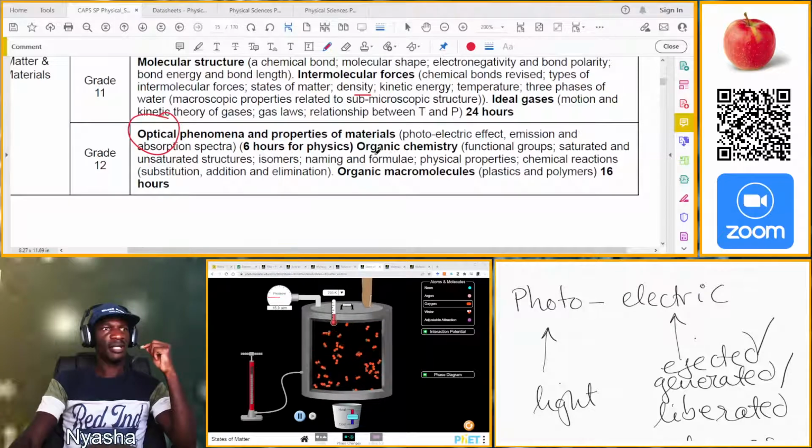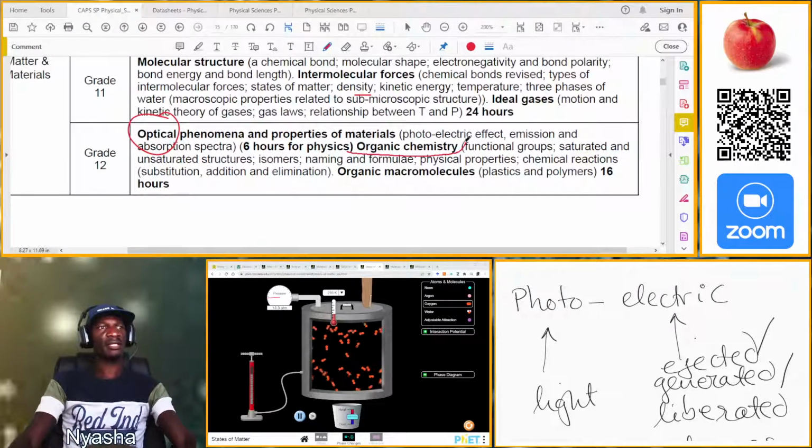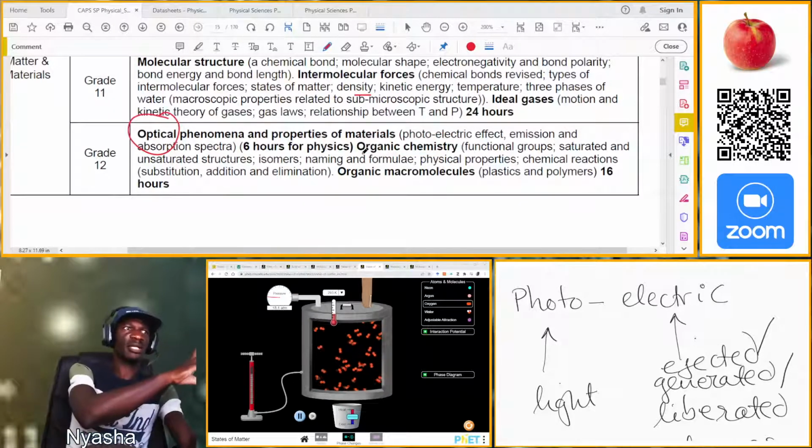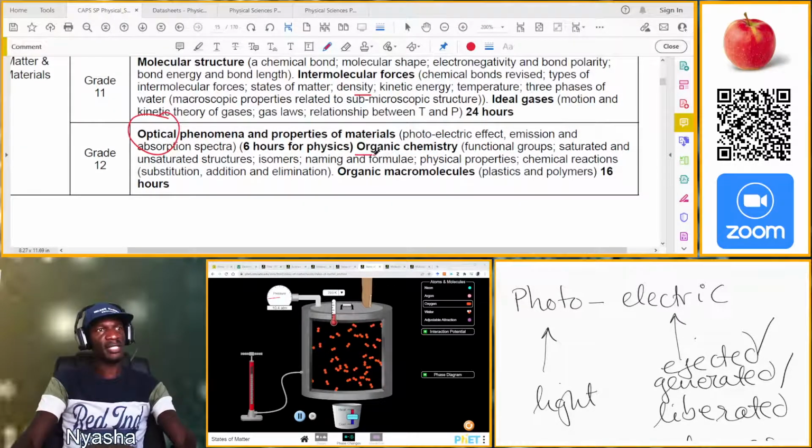Right, then organic chemistry, functional groups. This is now a different section. We were looking at molecular structure, and we are now at organic chemistry. Organic materials can be summarized in the form of functional groups.